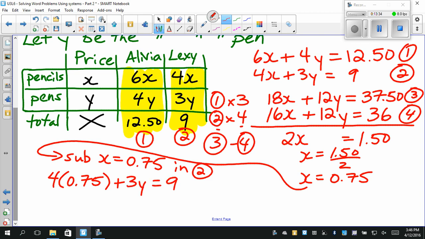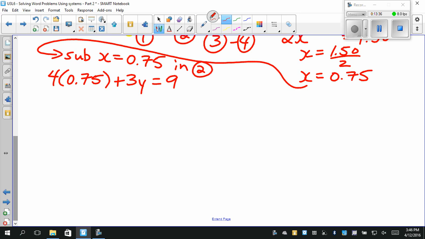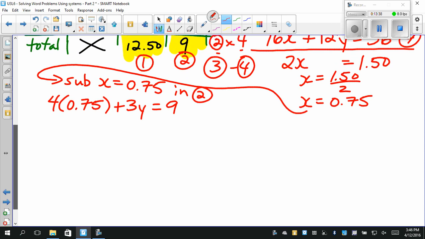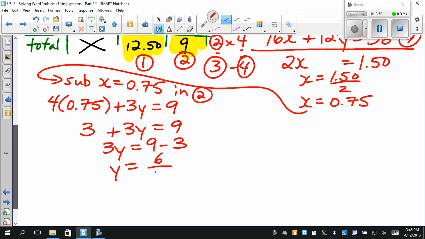So we are going to get 4 times 0.75 ends up being 3. So 3y equals 9 minus 3. So y is going to be 6 divided by 3. So y is equal to 2.